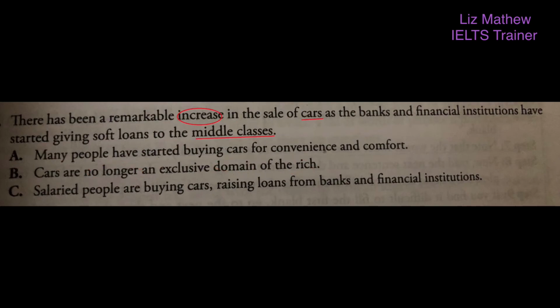The third statement reads, salaried people are buying cars, raising loans from banks and financial institutions. The right answer is not given as the statement does not establish the link between middle class and salaried class.